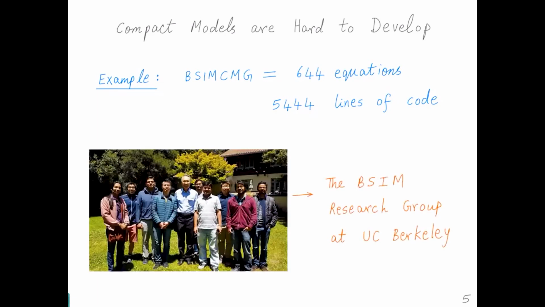There is an entire team of grad students and postdocs at UC Berkeley who have been working for 20-plus years on developing a sequence of compact models, and BSIM-CMG is the latest model in this sequence. So developing a compact model from scratch for circuit simulation is not a trivial task.